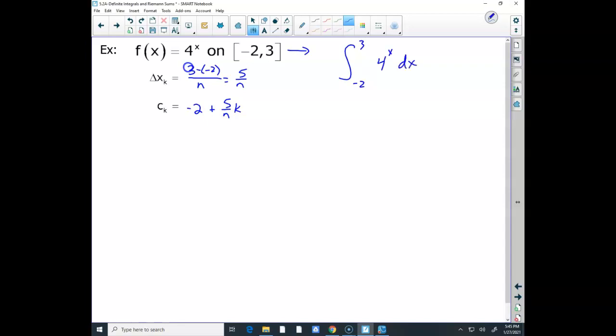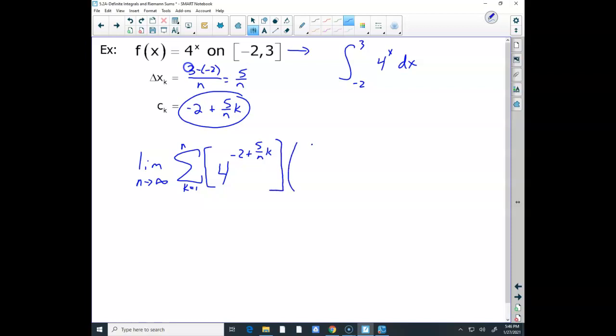Integral from a to b of the function times the derivative of the independent variable. And when we did this before, we were taking the limit as n approaches infinity of the sum from k equals 1 to n, and then we took 4 and plugged in our negative 2 plus 5 over n times k, times our width of 5 over n, right, as a definite integral.